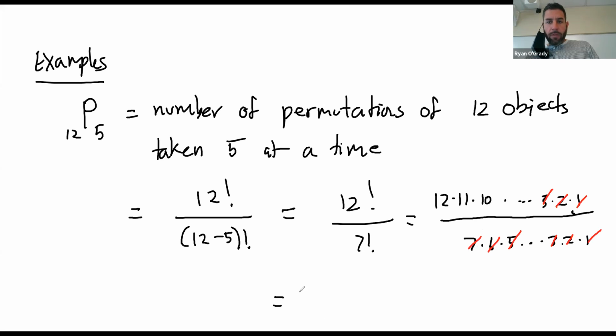So this would simplify to 12 times 11 times 10 times 9 times 8, which if I go to a calculator is 95,040.